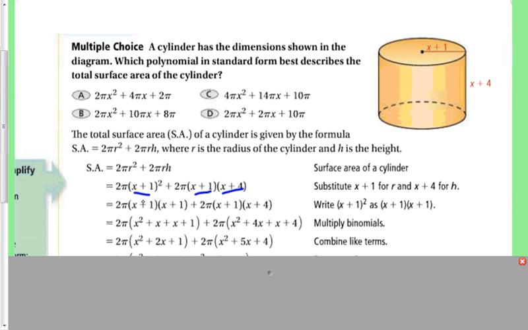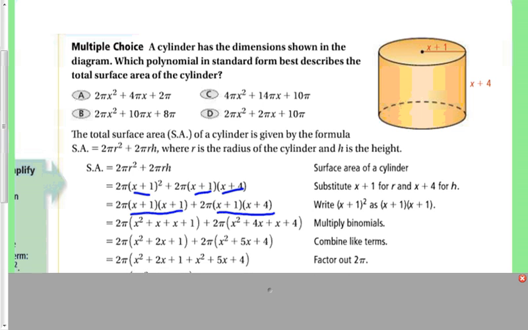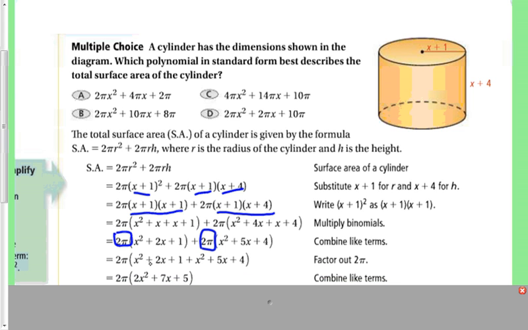So when you do the FOIL method, first, outside, inside, last, for this left part right here, you'd get x squared plus 2x plus 1. And then over here, we'd end up having x squared plus 5x plus 4. And then if you look here, since these are the same factors, it's like we're pulling them out in the front, and then these two are added together. So we'd actually have that all added together.